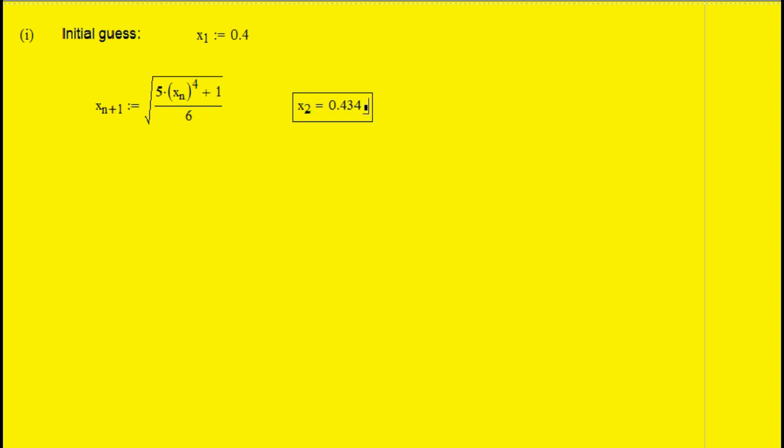Plugging this in turn, we get x3 is 0.443, and so on. Listing the results of several iterations, we have x is 0.4, 0.434, 0.443, and so on until we get to 0.447. So our root is 0.447 to 3 decimal places.